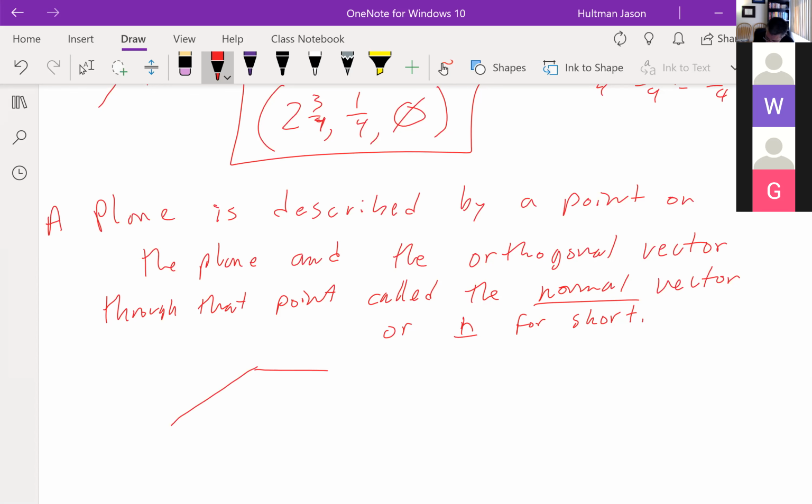Okay, so we have a plane, and that plane is defined by a point and the normal vector to that plane. So this is P naught, and that's n. P naught and n.